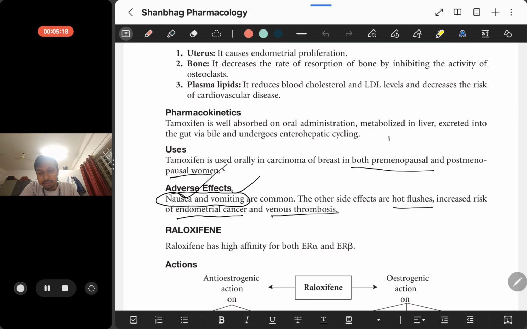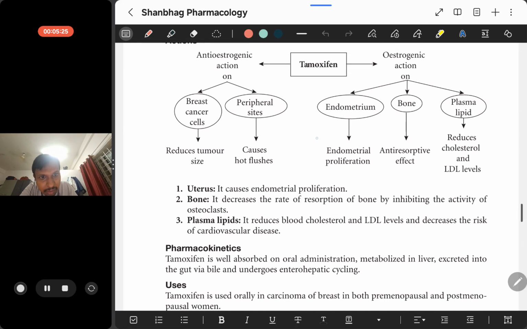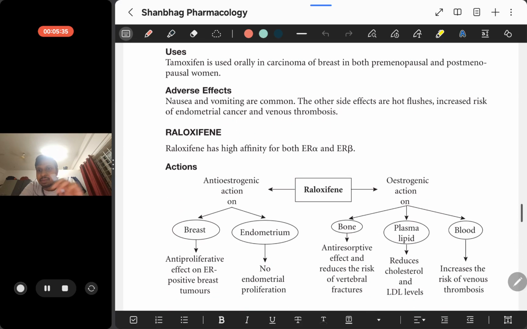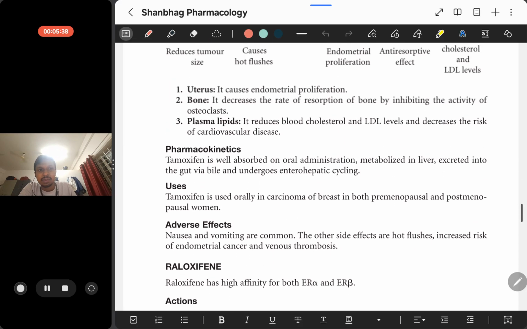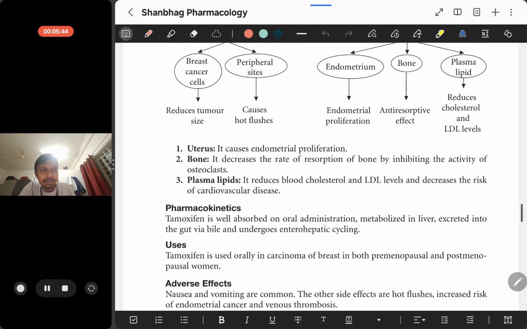Because of the estrogenic effect of this drug in the endometrium, it causes endometrial proliferation. Because of this, it might cause endometrial cancer. Then venous thrombosis, as it also acts on the plasma lipids, this might cause venous thrombosis.